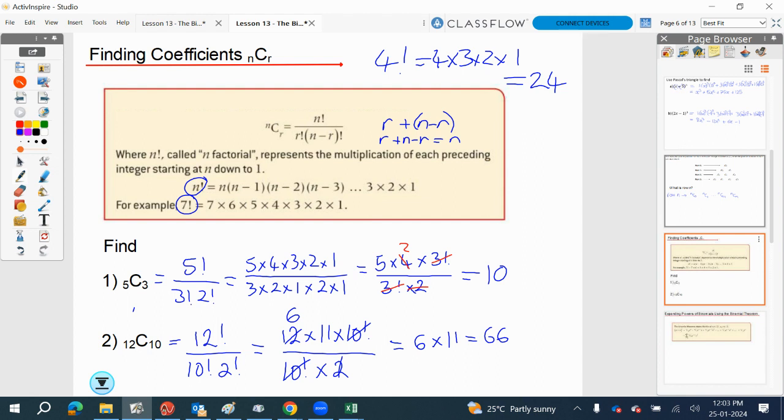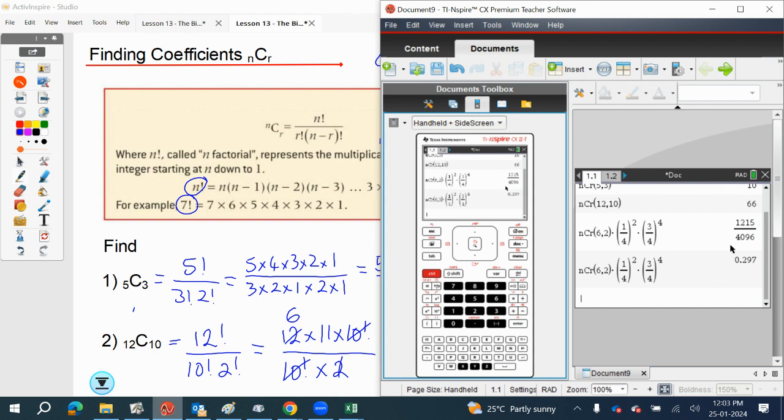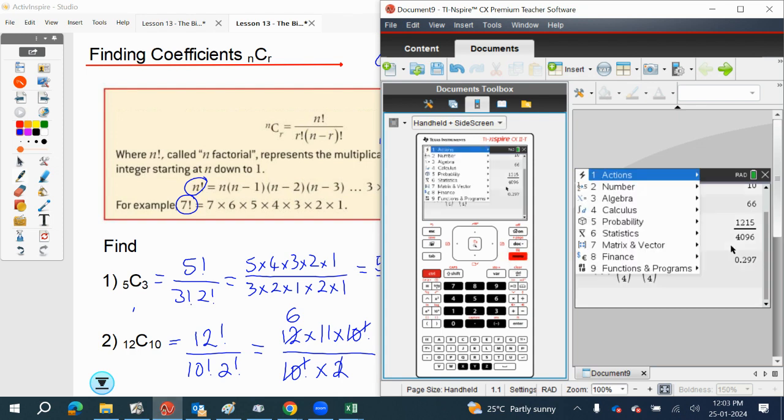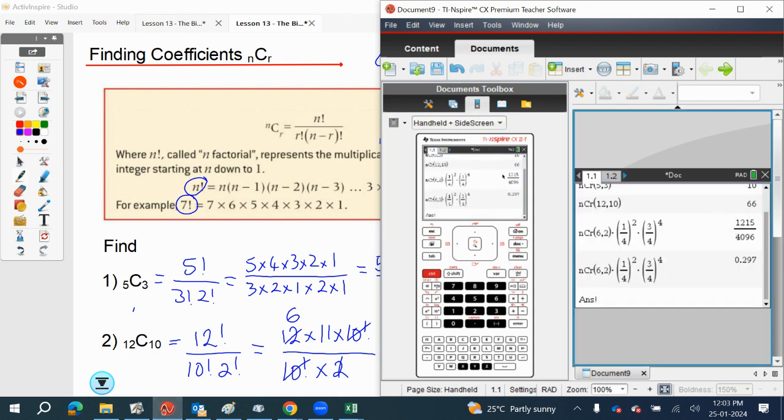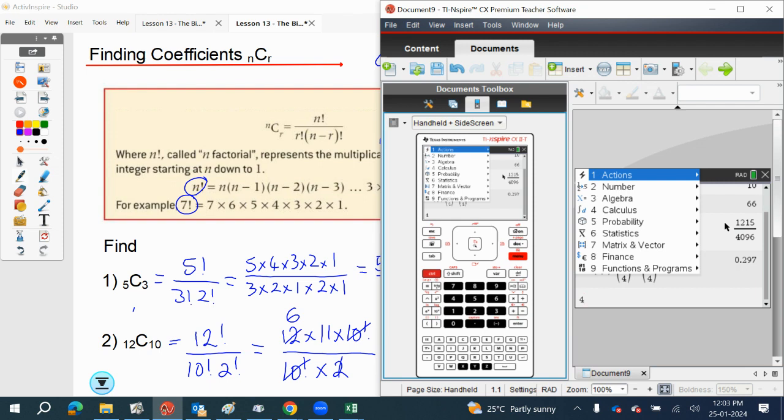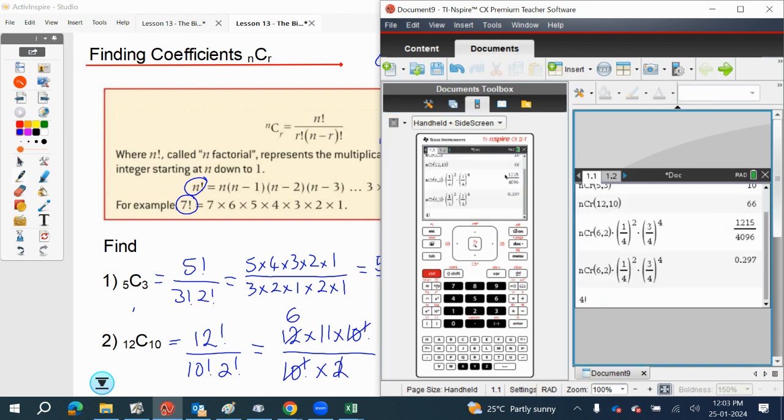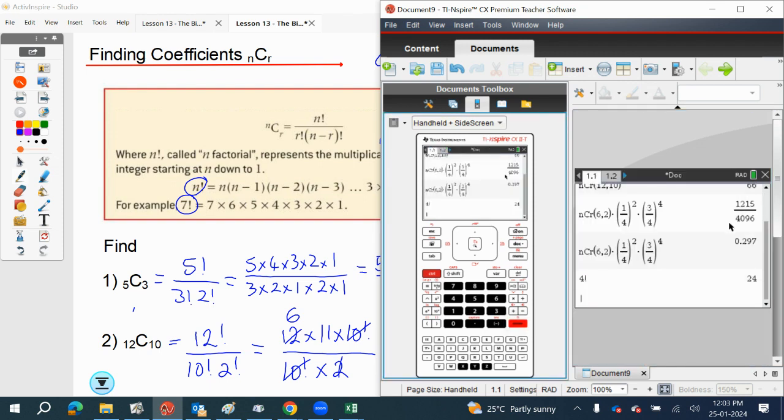All right, let's have a look at the idea on the calculator. Firstly, how do you calculate a factorial? So we press menu, probability, factorial. Let's try the one we did. We did 4 factorial: menu, 4, menu, probability, factorial, enter. 24. That one's correct. Let's try the combination numbers, 5C3.